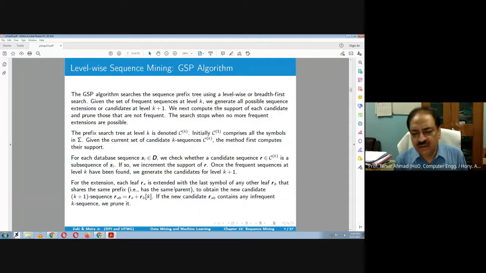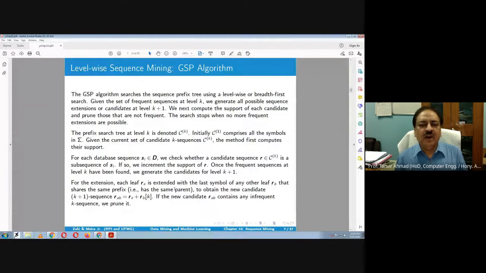Now let us try to apply the generalized sequential pattern algorithm. This algorithm is called the GSP algorithm, and the GSP algorithm is going to search the sequence prefix tree level-wise, or we can say apply BFS, the breadth first search.